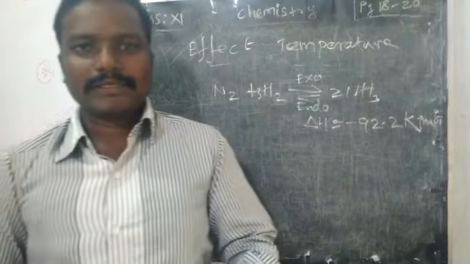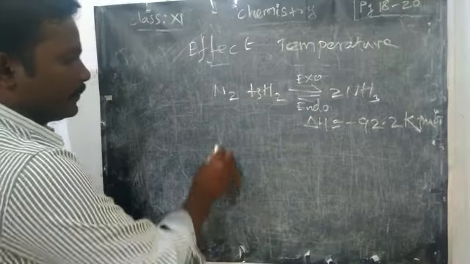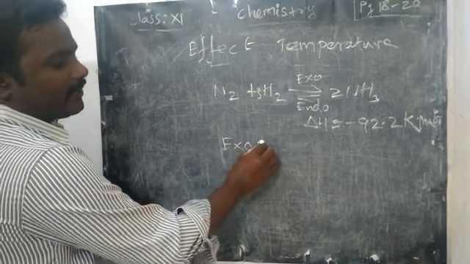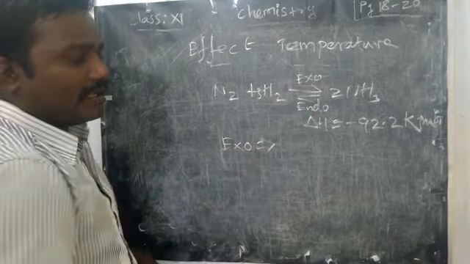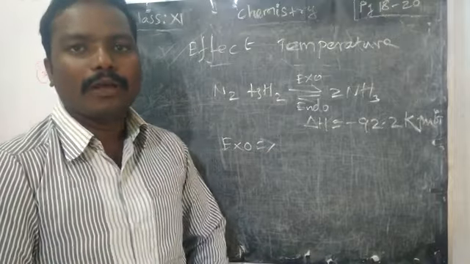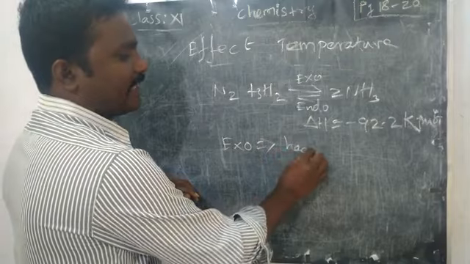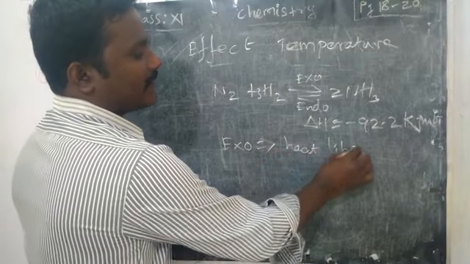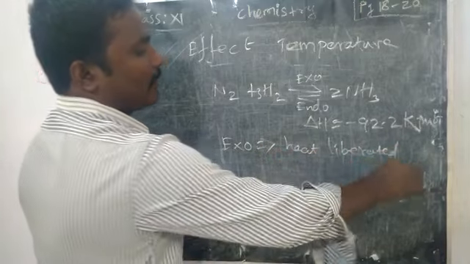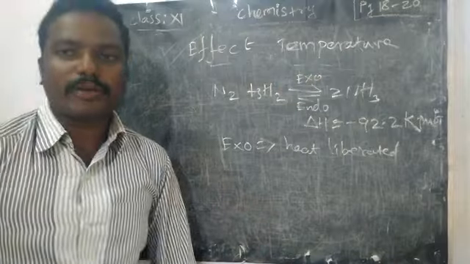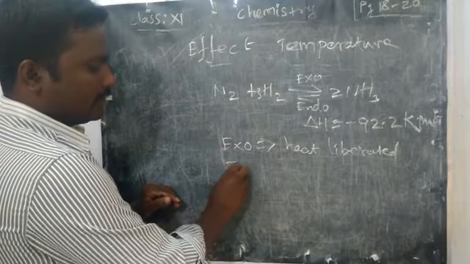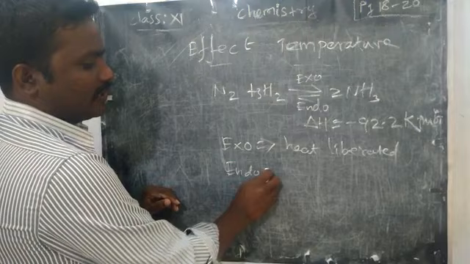Now you may ask, sir, what is exothermic? Exothermic means when the reaction is carried out, heat is liberated. Heat energy will be liberated. Those reactions are called exothermic reactions. Opposite is the endothermic reaction.